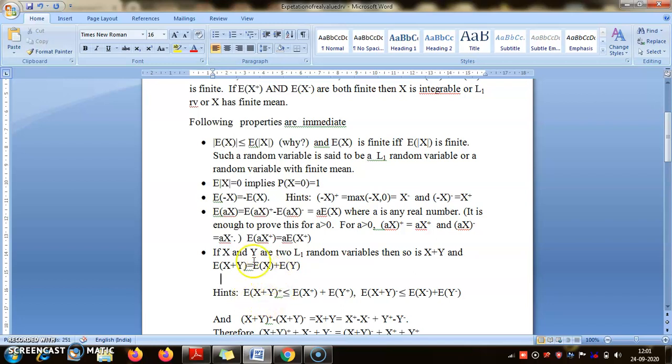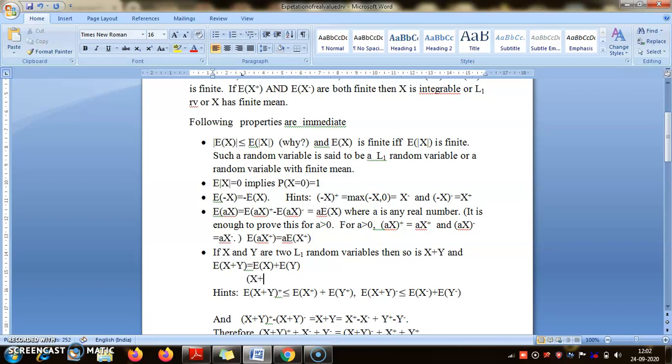If x plus y has to have a finite mean, then the expectation of (x plus y) plus and the expectation of (x plus y) minus, these two expectations have to be finite.